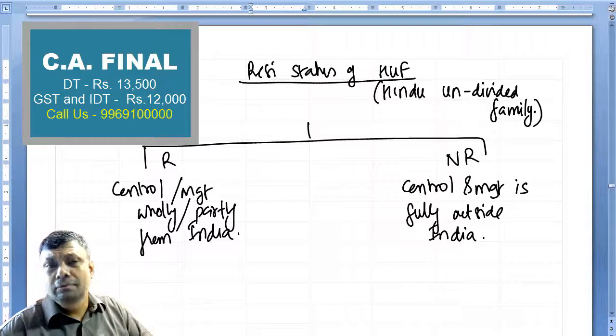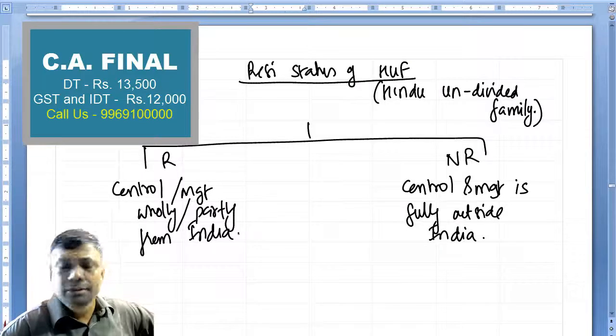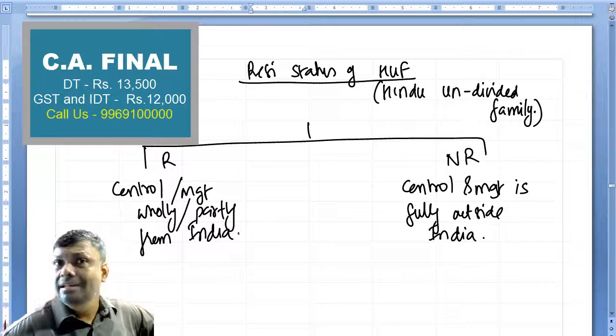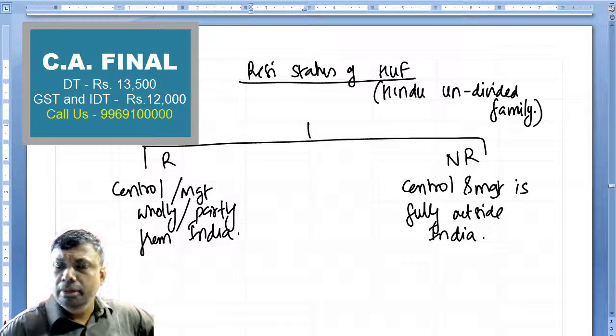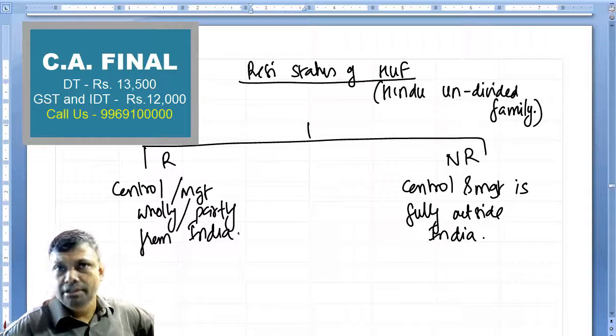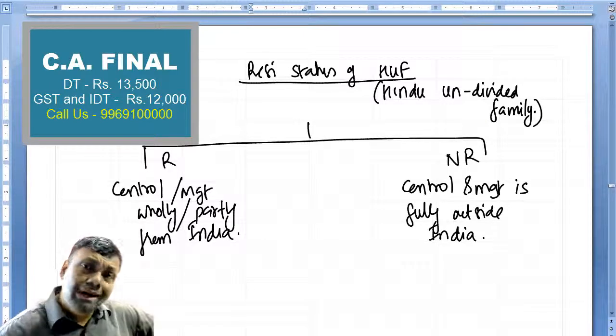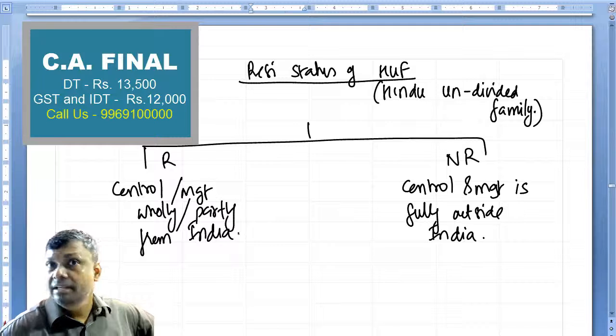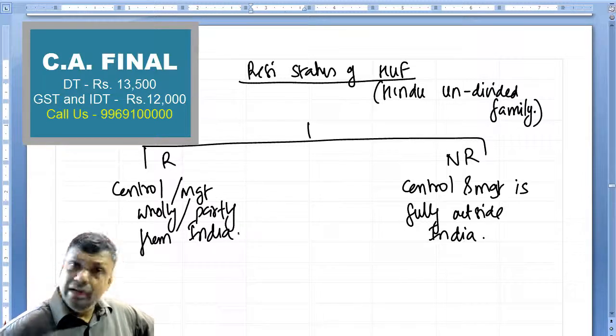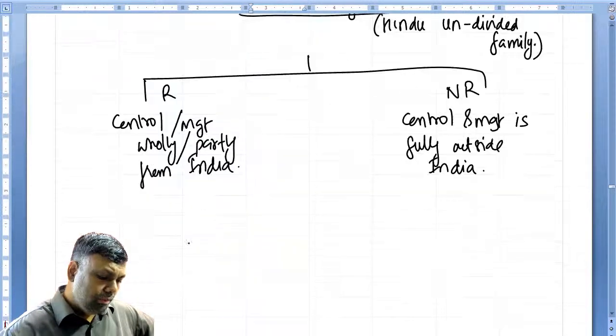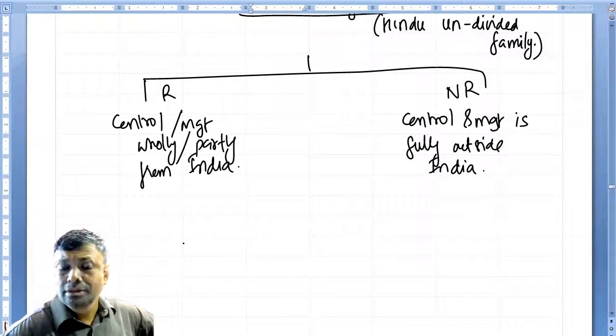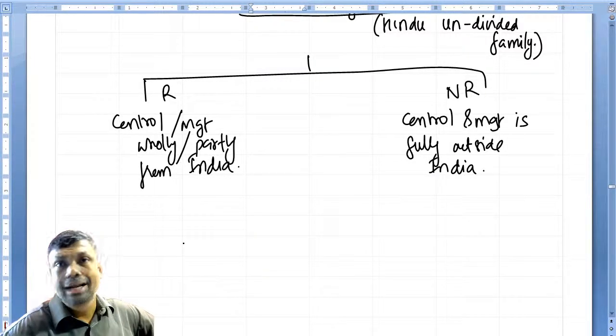Control and management is by itself a separate discussion by the case laws, where the courts have always said that control and management means pure control, the hardcore decisions of the business, not the administrative decisions. So if the hardcore decisions of the business are taken from India, they are going to be regarded as resident. So here it is a test of control and management.